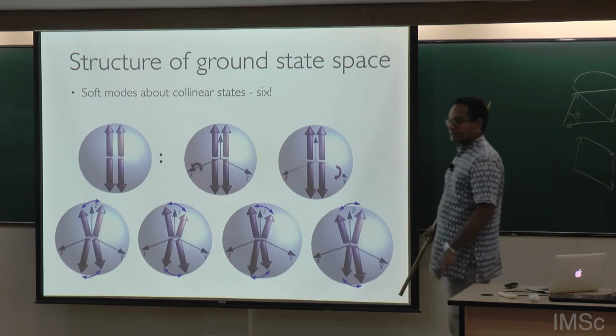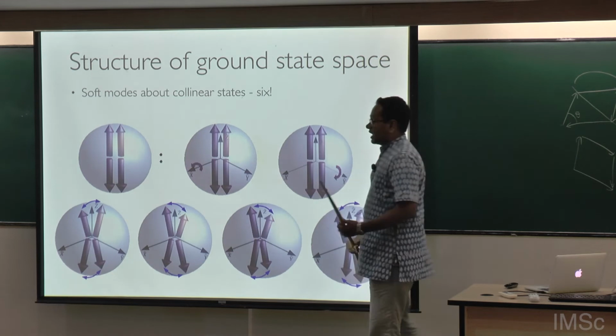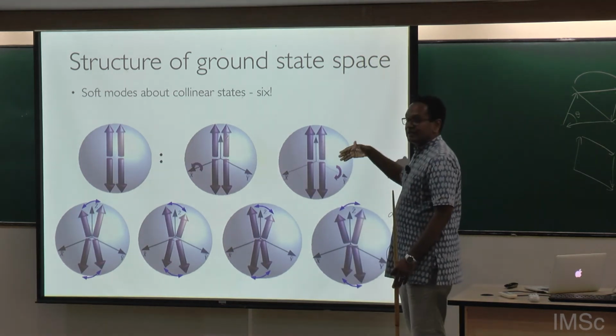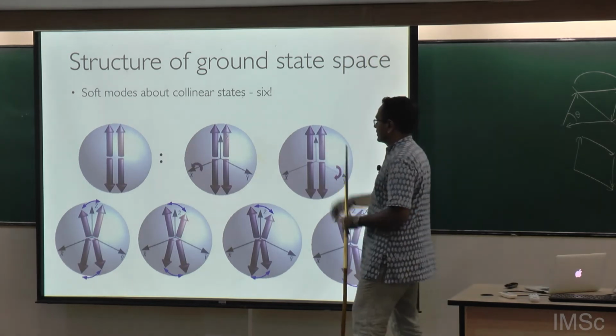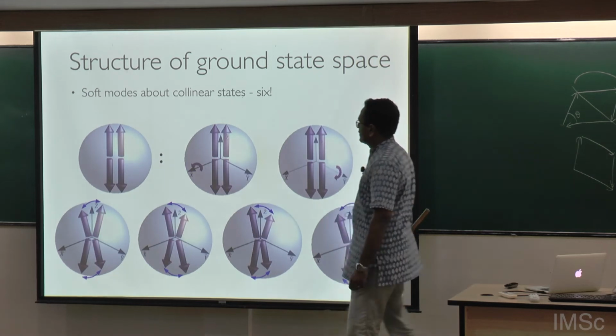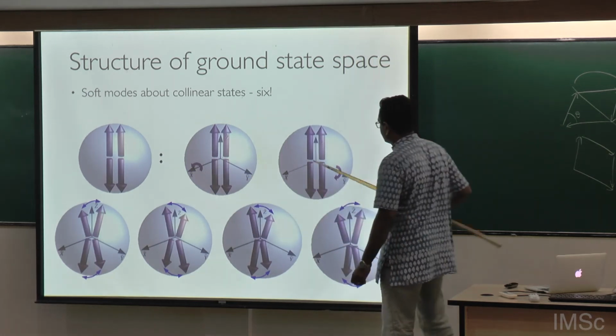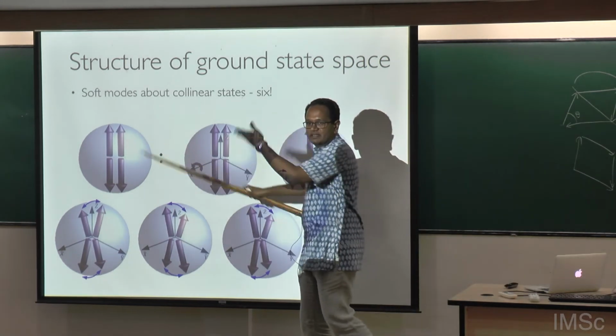However, there are special states. For instance, this is a collinear state. 2 spins are up, 2 spins are down. About this state, I can actually make 6 deformations that keep me within that space. So here are 2 examples. Let's say the spins are pointing along the z direction, 2 up and 2 down. Then I can do a rotation about x or a rotation about y. A rotation about z doesn't do anything, it just retains the same spins.